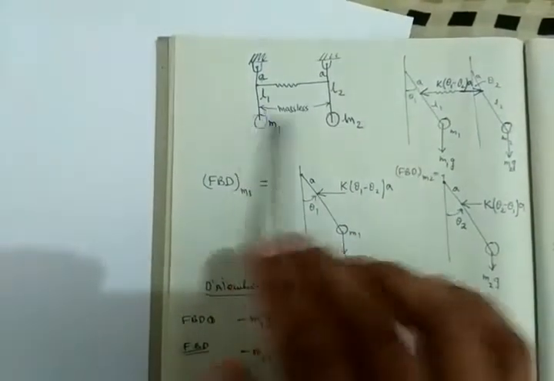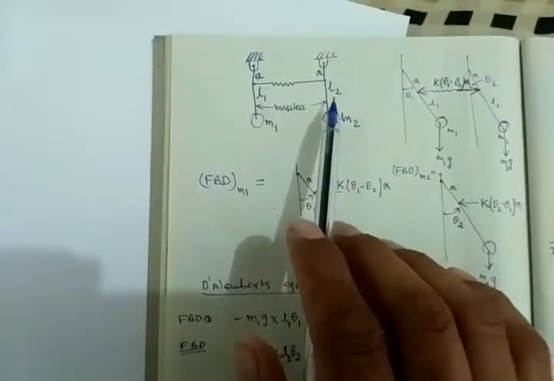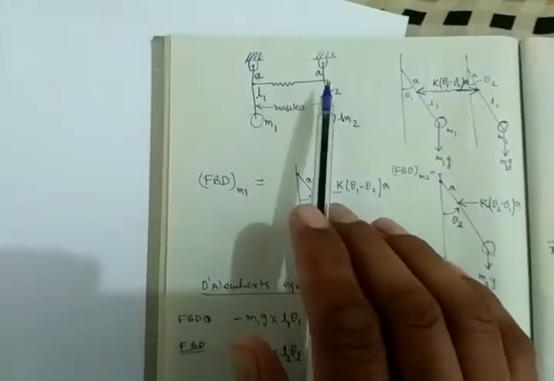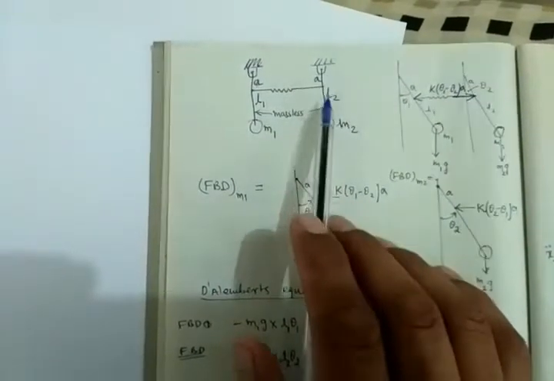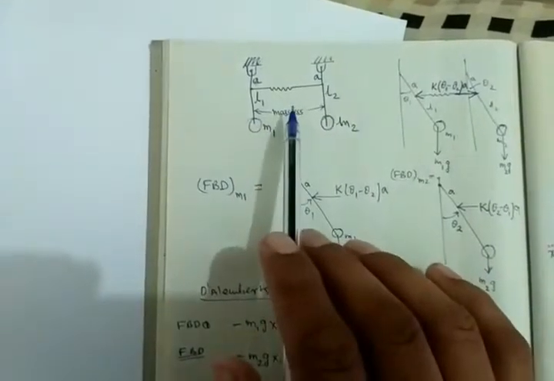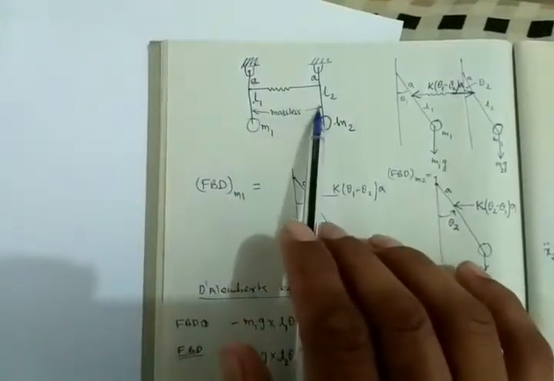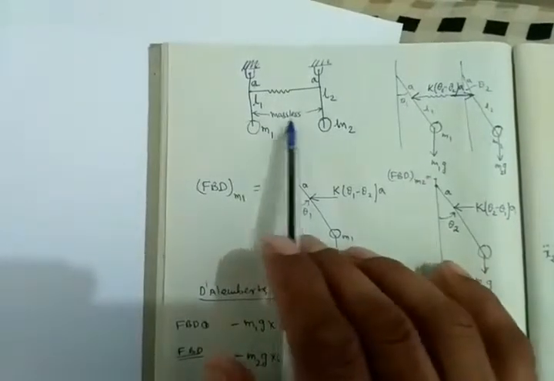This is one pendulum, this is another, and these two pendulums are attached with a spring at a distance a from the point where the pendulums are hinged. Another assumption here is that both pendulum rods are massless.